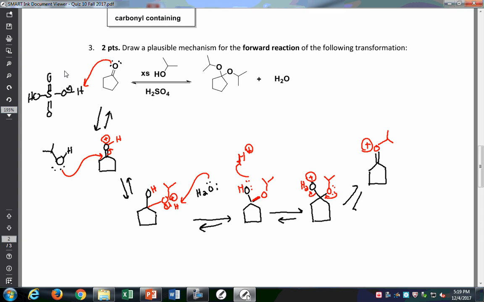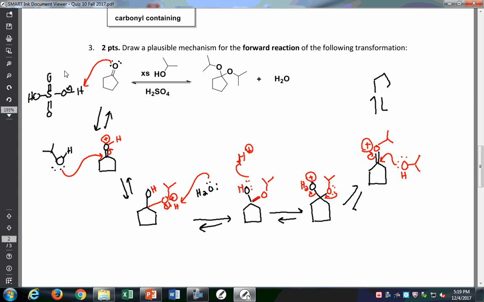Then, our neutral alcohol could then attack again. In the case of the protecting group, it would be already attached. But in this case, it's a second mole of ethanol, or isopropanol. So we get that attack that pushes the electrons up. We're almost done.